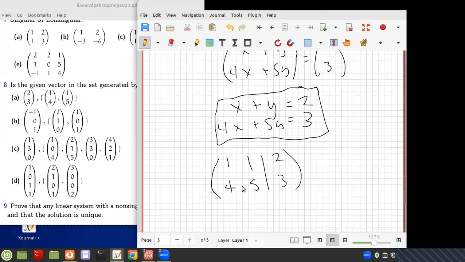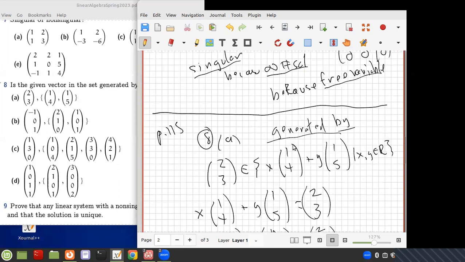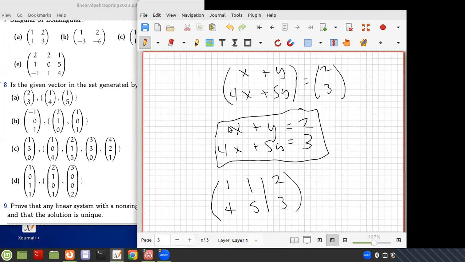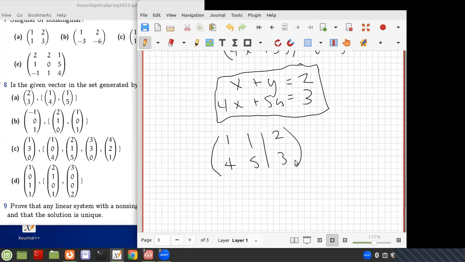Now let's look up at the beginning problem: 1, 4, 1, 5. See these two vectors? They appear as the columns in this matrix. So for each of these problems, I just make the matrix of these vectors, and I've got the augmented matrix, and I solve this linear system. If I can find an x and a y, if there's no contradiction, then it's in the set.